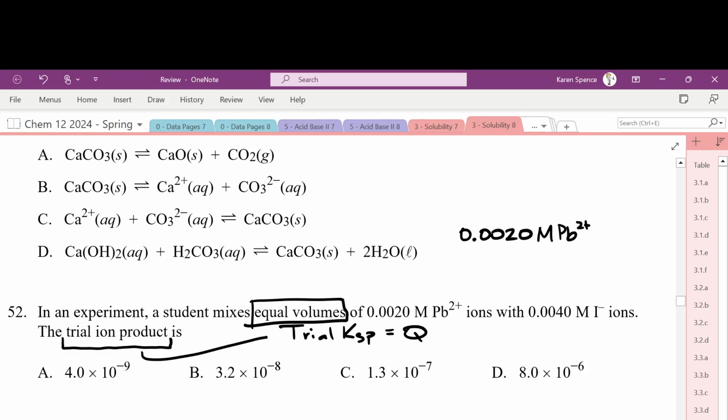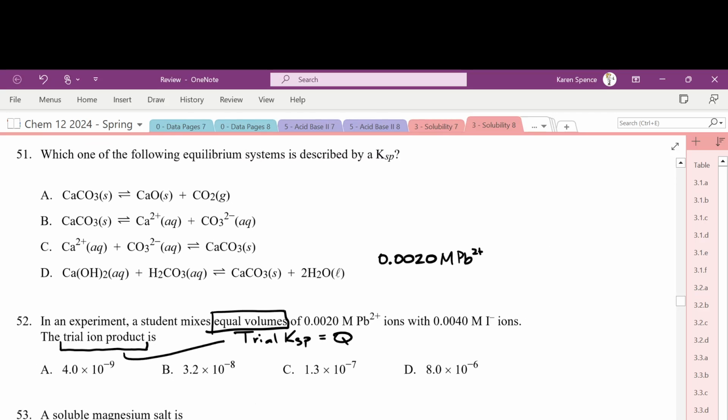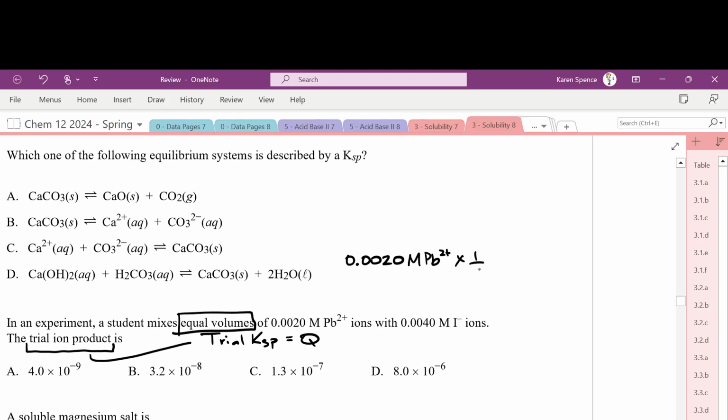Now, because it's equal volumes, you can make them anything you want to, but your dilution factor will be 1/2. So if you can see that it's just 1/2, you can just go like that. If you don't see it, you can make it any volume you want. Let's say both of them are 100 milliliters, over 200 milliliters. Doesn't matter. So 0.002 divided by 2 is 1 times 10 to the negative 3.